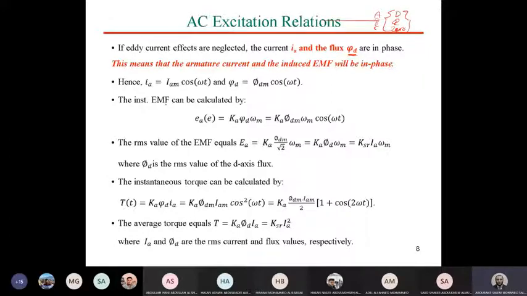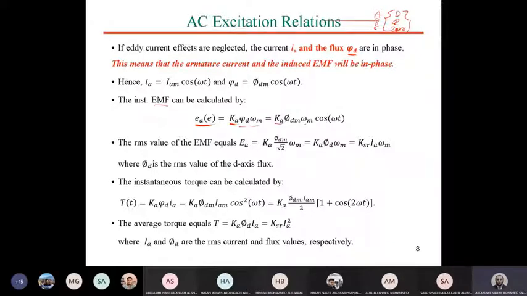Now, the instantaneous EMF value can be calculated as EA equals Ka phi multiplied by omega. But all here are considered as variable, not DC values. So we have Ka, this is a motor constant, phi D maximum cosine omega t, which is the flux, multiplied by motor speed.